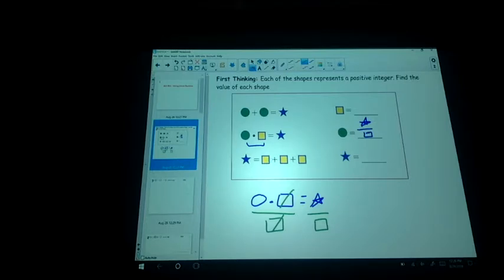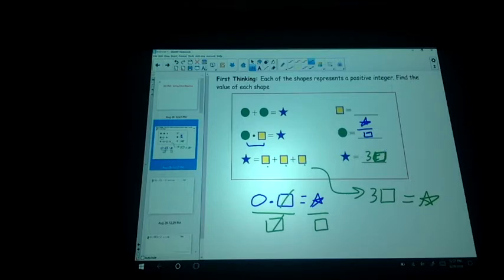So I know that square plus square plus square would be equal to 3 square. And that's equal to star. So star is equal to 3 square. Now, how can we figure out what square is equal to?